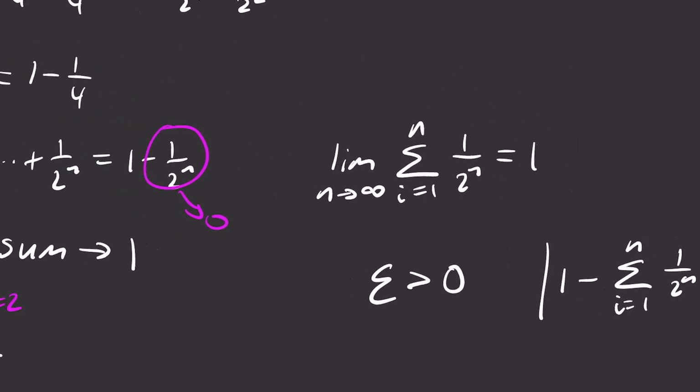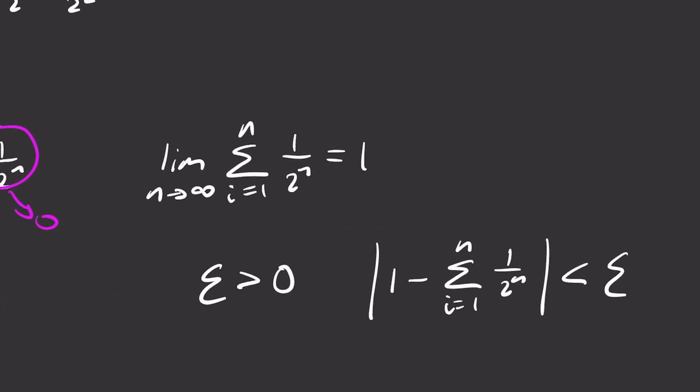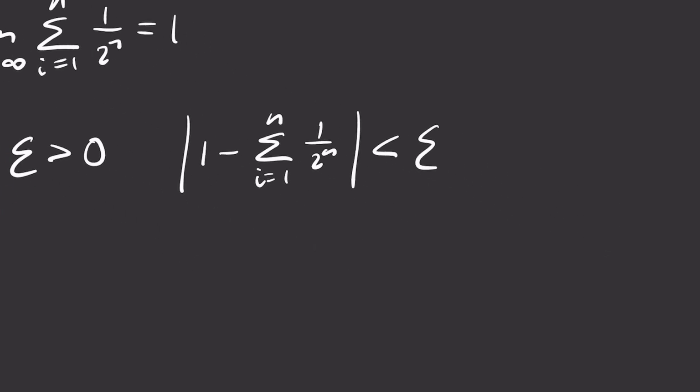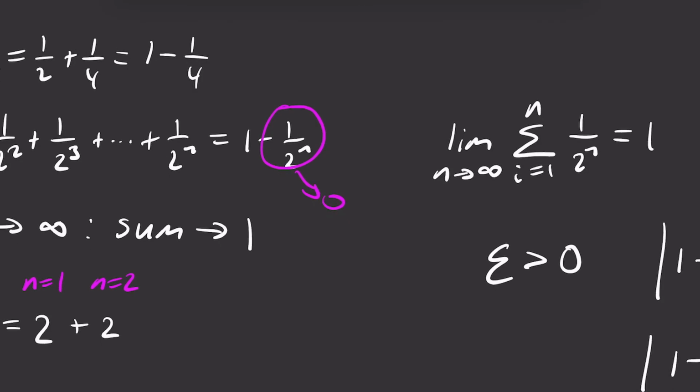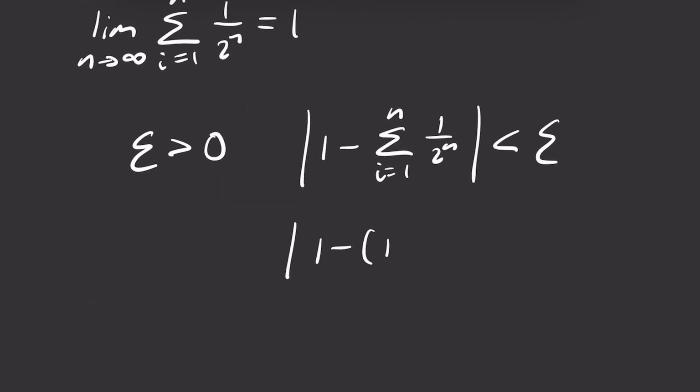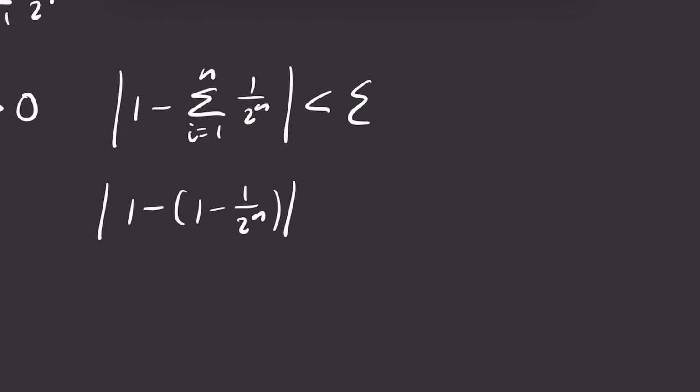Because we've shown over here that we can rewrite the sum as 1 minus 1 over 2 to the n. And so these ones will cancel, and I will basically end up with 1 over 2 to the n right in there. And this must be less than some number that I can think of, epsilon.